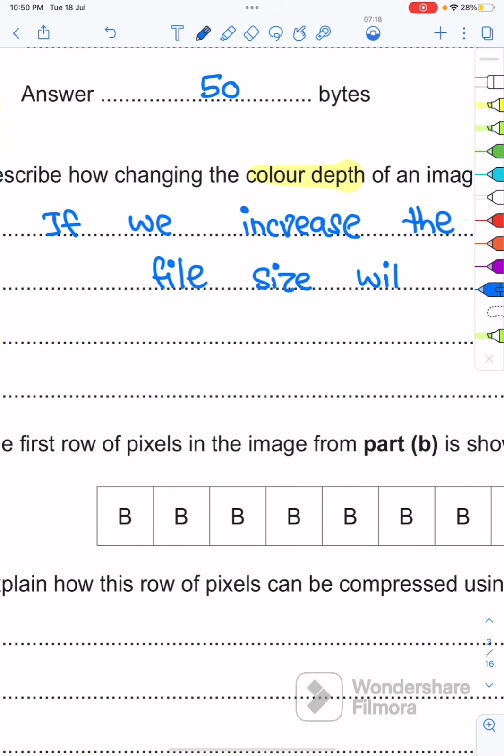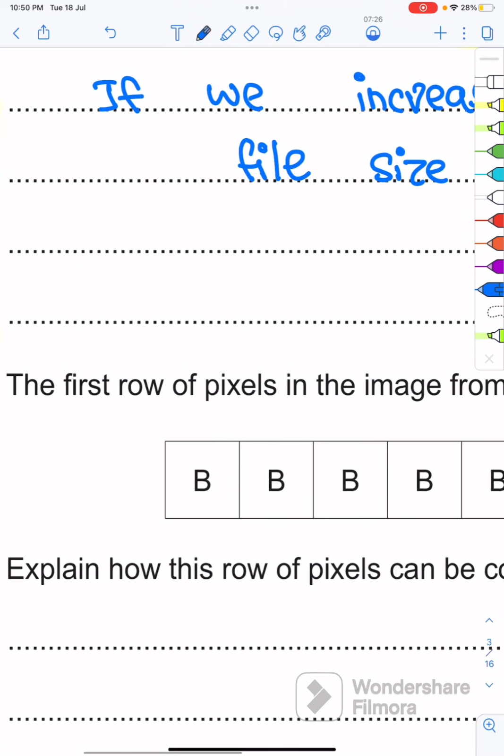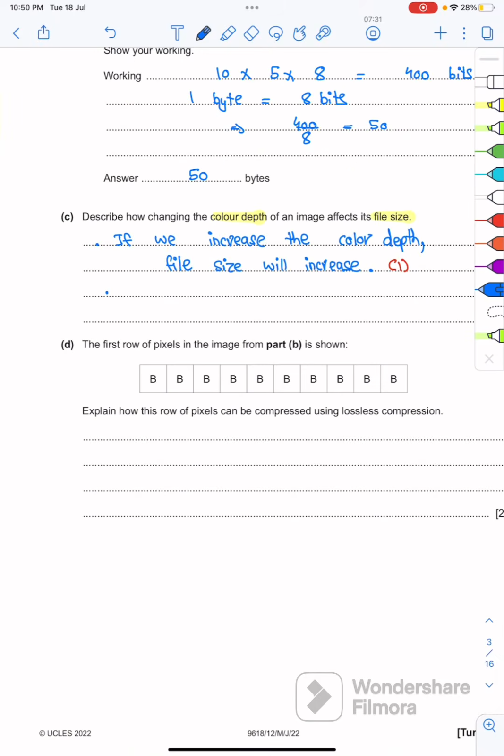You can write the inverse scenario as well, but you won't get your 2 marks for this. This is just for 1 mark. The second mark that you will earn, I'll mention it in bullets, is for providing the reason.